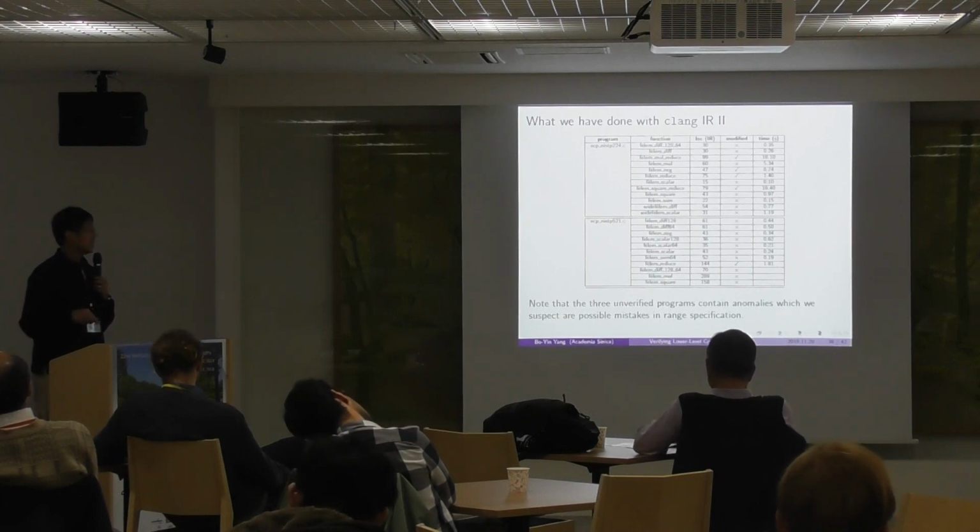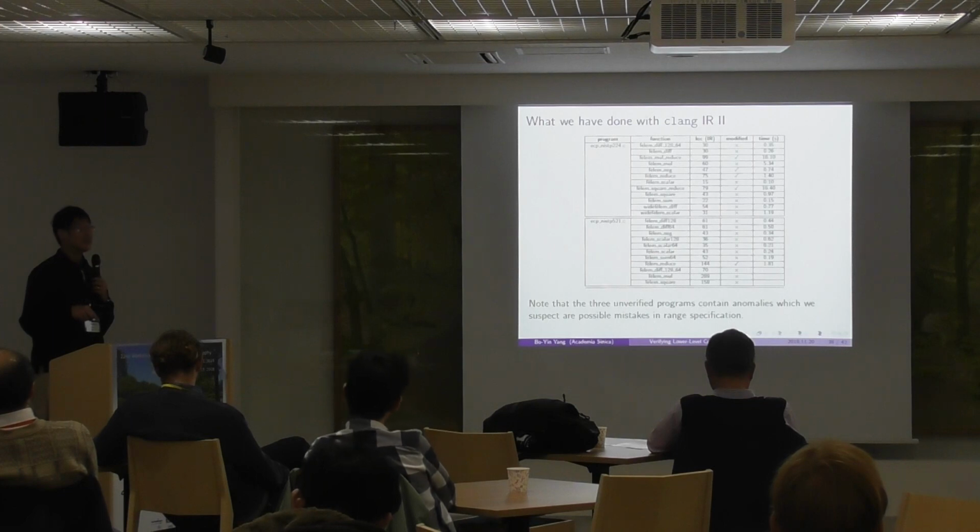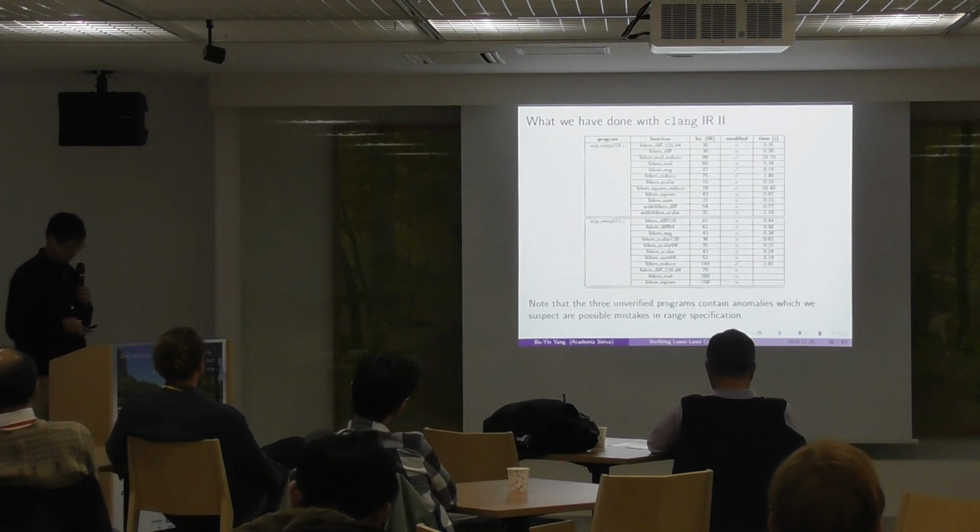For these three, we can produce errors. And what we believe is that the commentary is wrong. So probably the person who was writing the code put in the wrong ranges in their comments. Otherwise, everything verifies according to the ranges in the comments. So the three unverified programs contain anomalies which we believe is a mistake by the range specification.